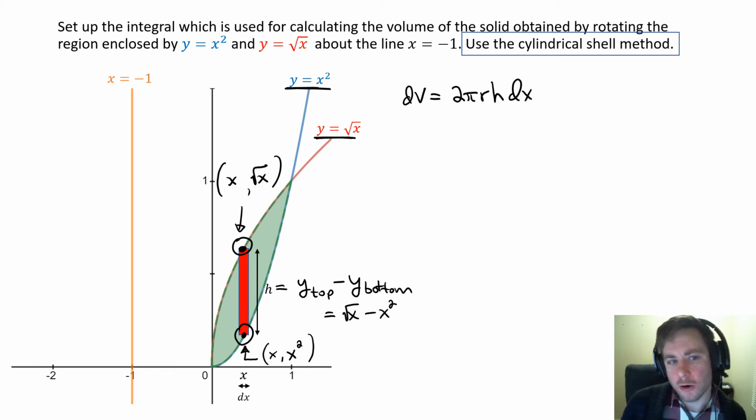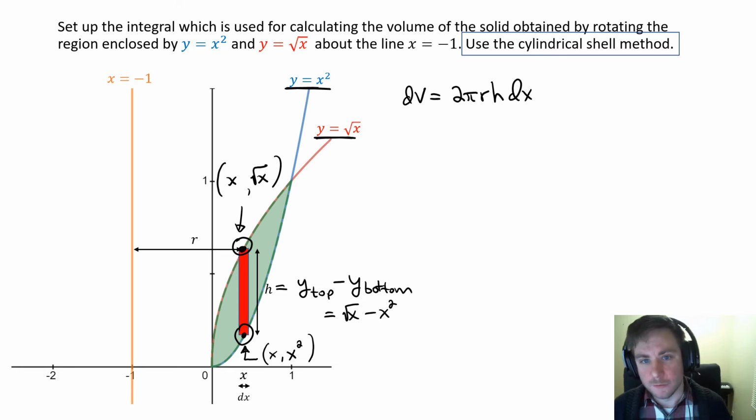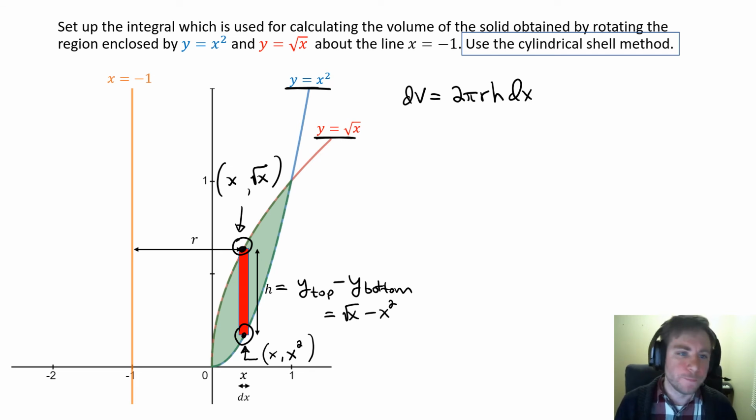But what about r? Well, once again, visualizing the rotation would reveal that the radius is the distance between the axis and the rectangle. Again, it's important that you're able to literally see the formation of that cylinder to convince yourself of that. So pause and think about it if you need to. Once you've identified this as the radius, we know that's going to require the coordinates of this point here.